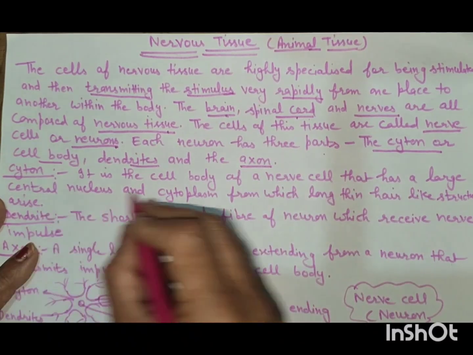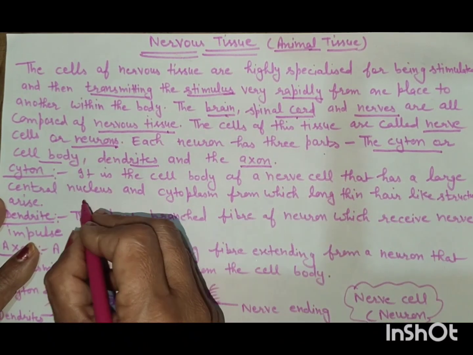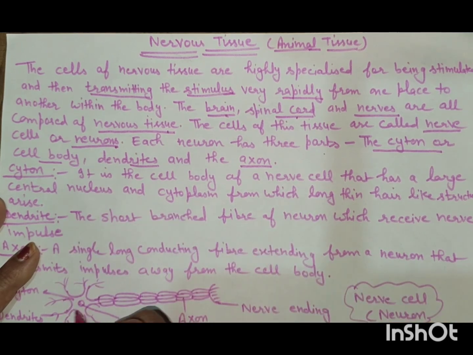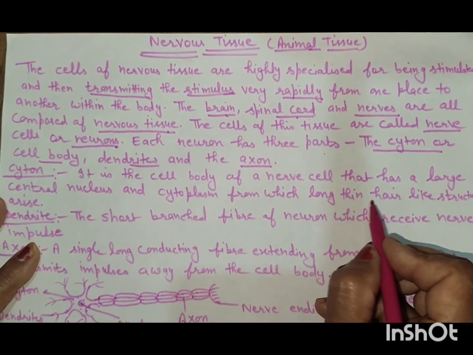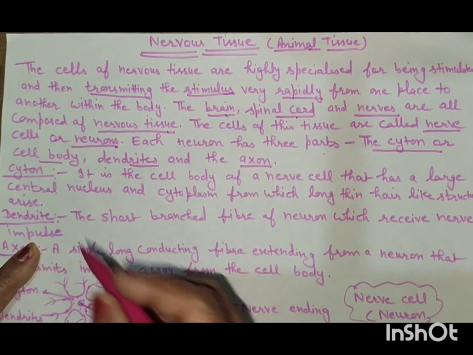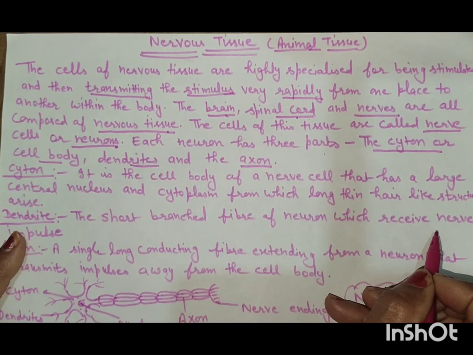Cyton is the cell body of the nerve cell that has a large central nucleus. This cyton has a large nucleus and cytoplasm in it, and long thin hair-like structures arise from it. Dendrites are the short branched fibers of the neuron which receive the nerve impulse.